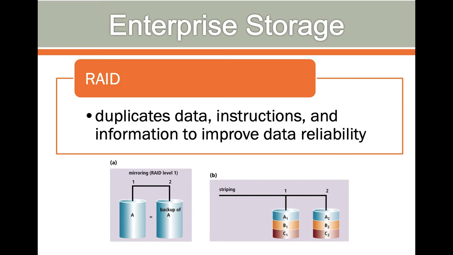Enterprise storage, RAID: it can duplicate data, instructions, and information to improve data reliability. As you can see, RAID level 1 is mirroring.